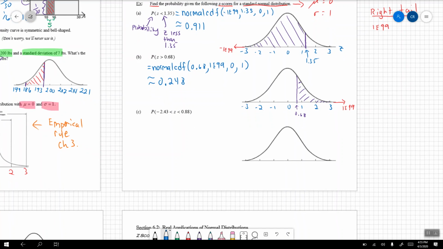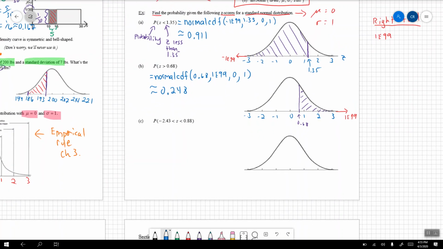Nice. Now let's see if we can get the probability for part C. Again, we're going to take the exact same approach. We want to start labeling the standard normal distribution using the values that we know. Then we want to identify the two z values that they're giving us.